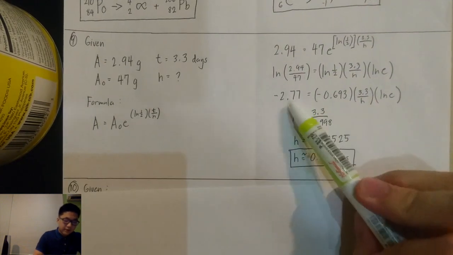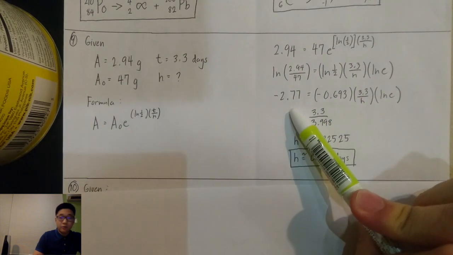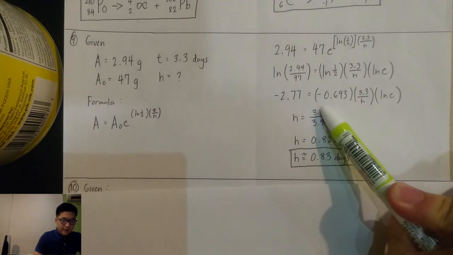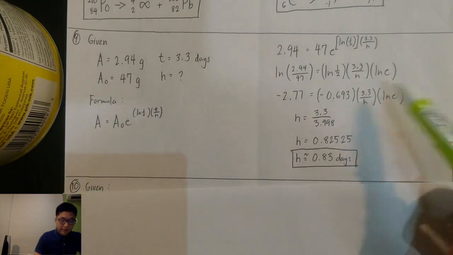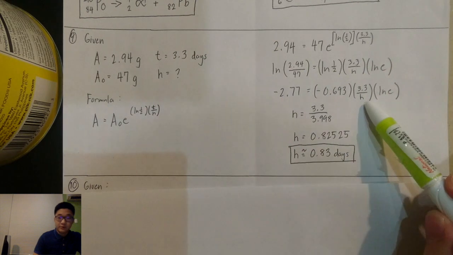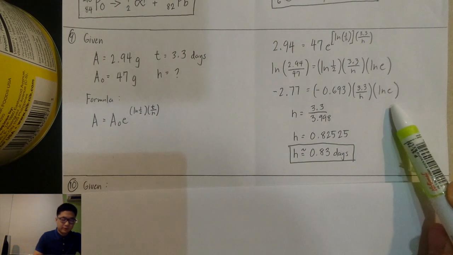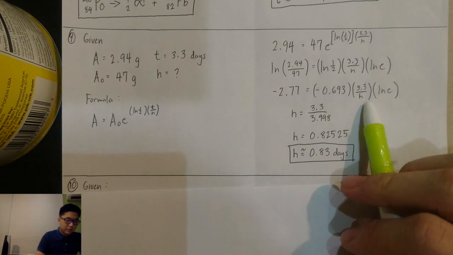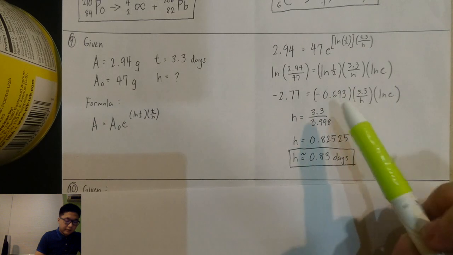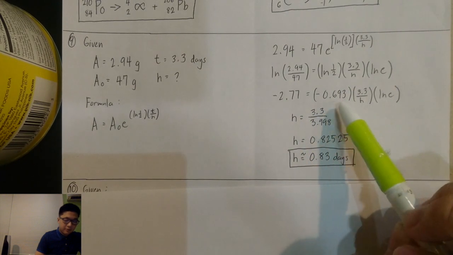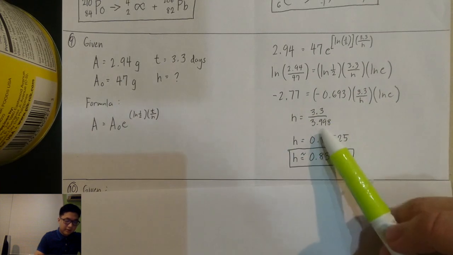So ln of 2.94 divided by 47 is equal to -2.77, while ln 1/2 is equal to -0.693, and 3.3 over h remains the same, and ln e is of course equal to 1. So now we divide both sides by negative 0.693. There we go. We get 3.998.